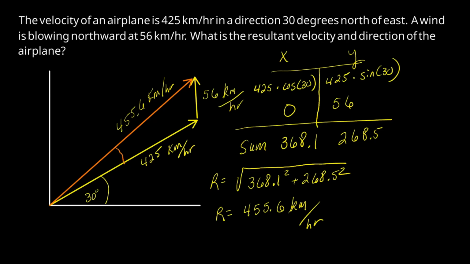Okay, this angle here. So theta is equal to the arctan of 268.5 over 368.1. So theta is going to equal 36.1 degrees north of east.